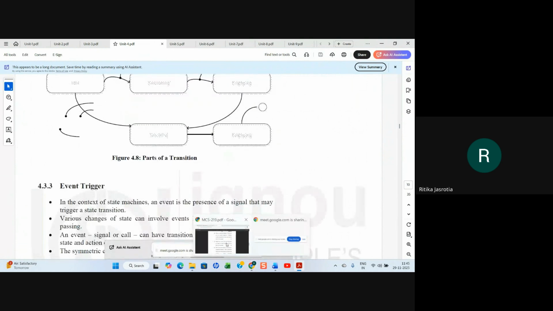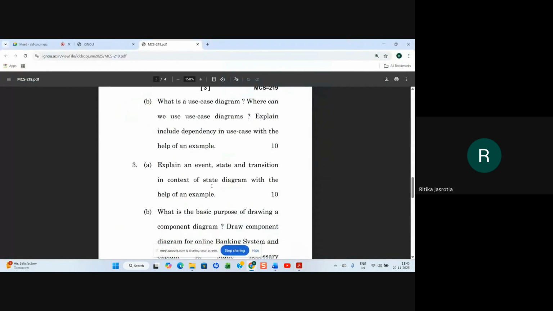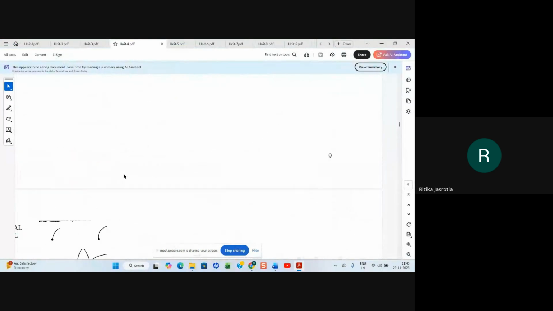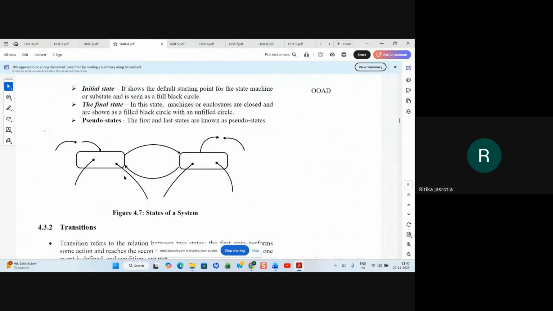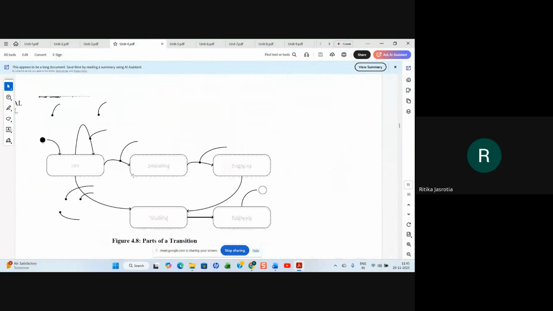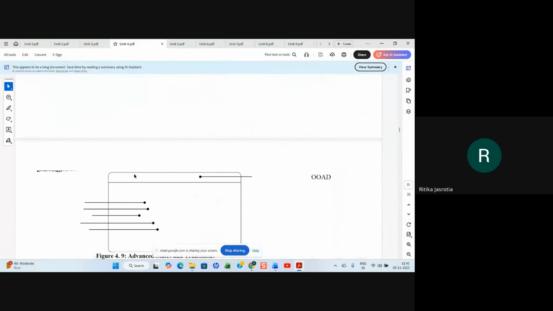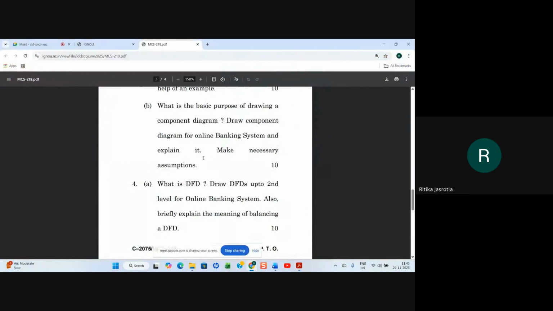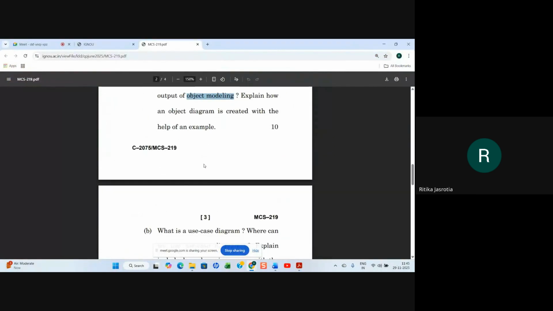That kind of thing, right? Like here they were talking about the ATM example. You can take that ATM example if you want. In this, the diagrams are not clear, but I have already given you some brief material, so you can go through them also.